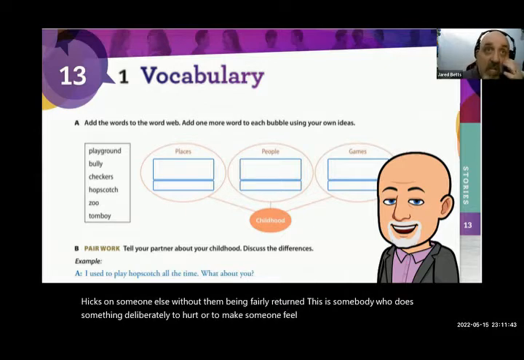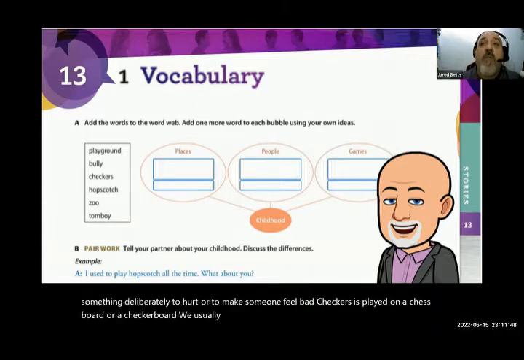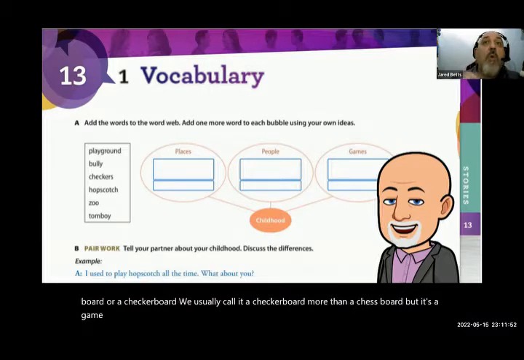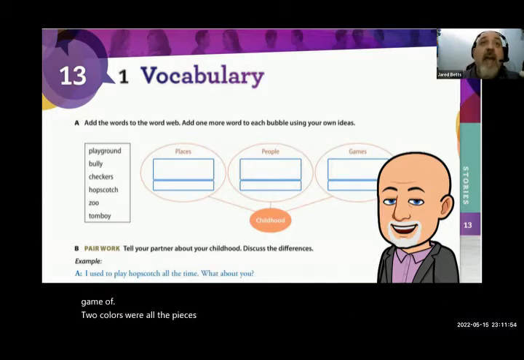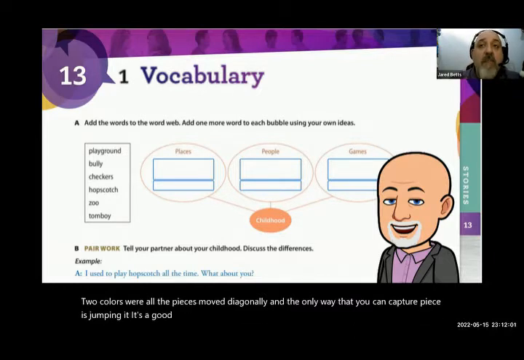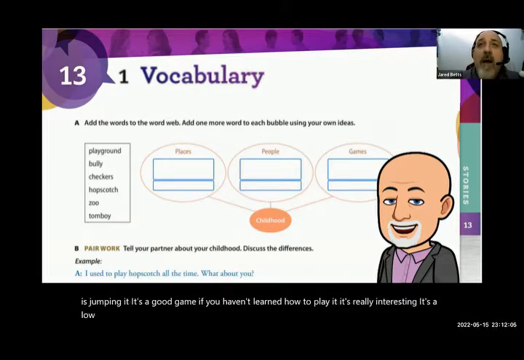Checkers is played on a chessboard or a checkerboard. We usually call it a checkerboard more than a chessboard, but it's a game of two colors where all the pieces move diagonally, and the only way that you can capture a piece is jumping it. It's a good game. If you haven't learned how to play it, it's really interesting. It's a low-level strategy game.